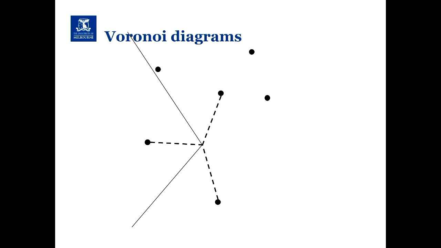If you think about it in practical terms, if you live right in the middle of 2 tram stops, you would then have to decide which one you go to. Ideally you would want to go to the closest tram stop, but if you're right in the middle, you live on the boundary of what is the closest. So that's the same principle here. The property of this inflection point, where 2 boundaries meet, is that the distance between those 2 points is the same and the other 2 points is the same.